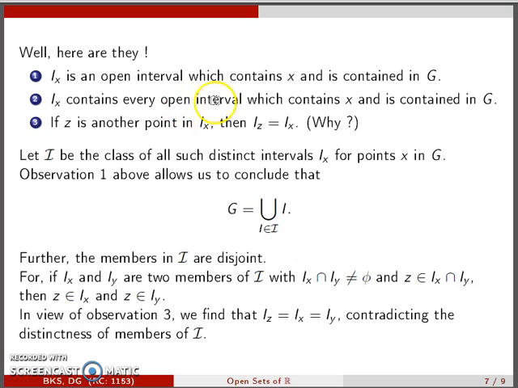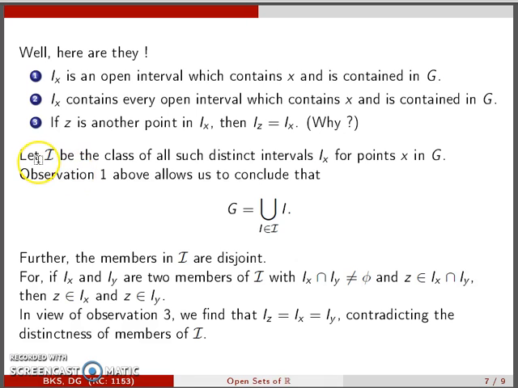Second, Ix contains every open interval which contains x and is contained in G. In other words, Ix is the largest open set containing x and contained in G. So in some sense, Ix is the largest. Third and important, if y is a point in Ix, then Iy is Ix. Well, I'm leaving this to you.